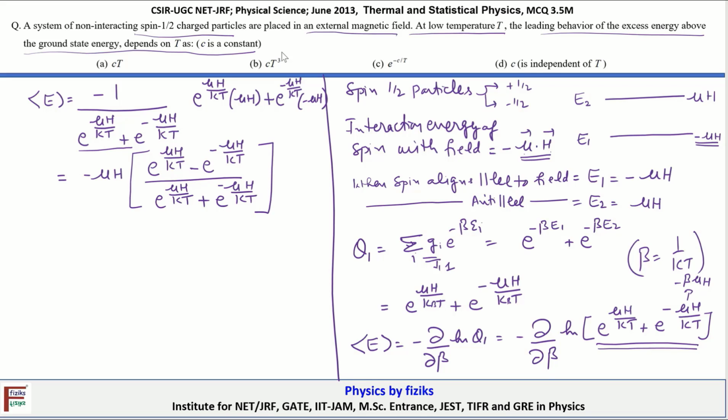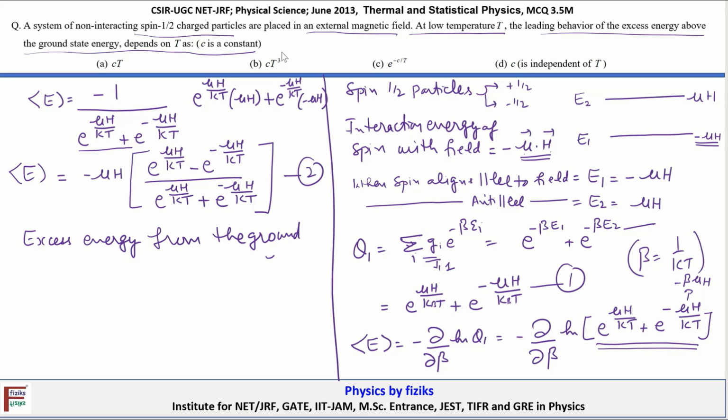Let me call the expression for the partition function equation 1, and this one equation 2. Now the excess energy from the ground level, let's denote that as delta U, is equal to the average energy minus the ground state energy, which is E1.